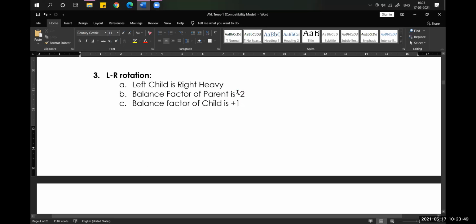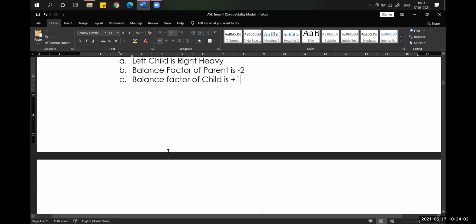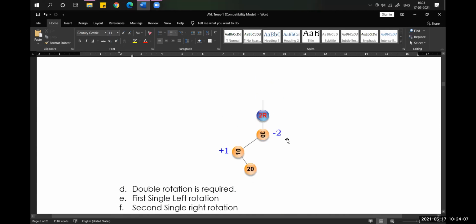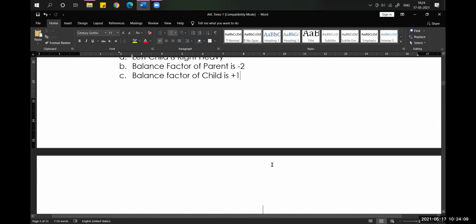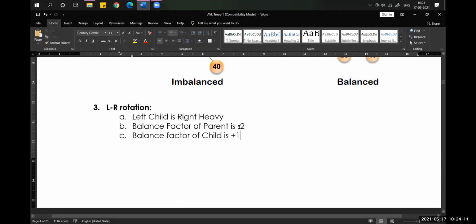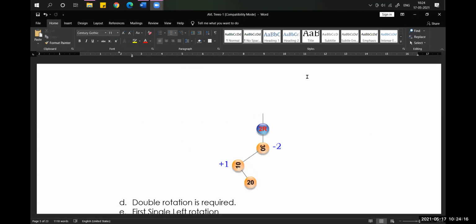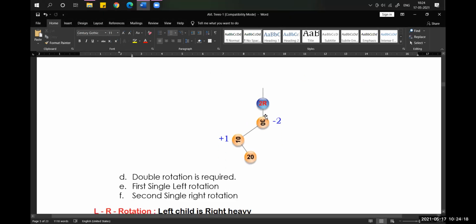So whenever you are getting -2 and +1, then simply you can say that the tree is in LR rotation. Whenever it is in LR rotation, what should we do? LR rotation means what balance factors do we have to get? -2 and +1. So how are we getting them here? Let's check.